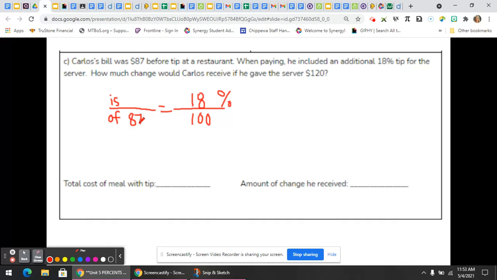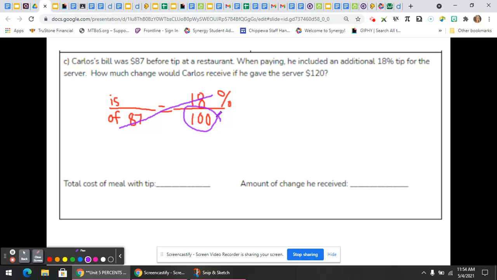That's the original price, my whole. So what is 18% of $87? Grab your calculator. 87 times 18 equals, divided by 100. Okay, so what does that tip turn out to be? Cross multiply and divide.